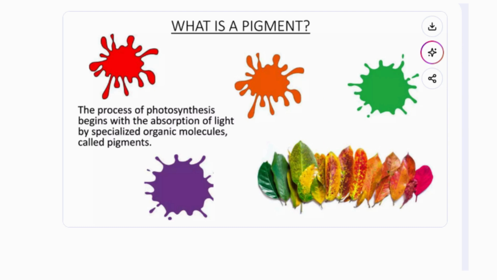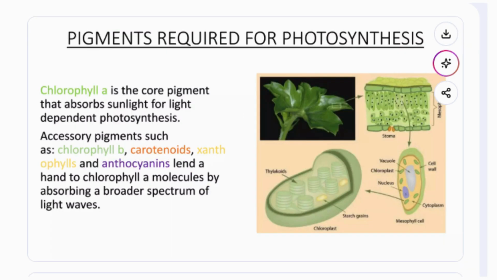Now we define what pigments are. Basically, the process of photosynthesis begins with the absorption of light by specialized organic molecules, which we call pigments. For example, as we discussed in the first chapter, chlorophyll A is the core pigment that absorbs the sunlight for light-dependent photosynthesis.